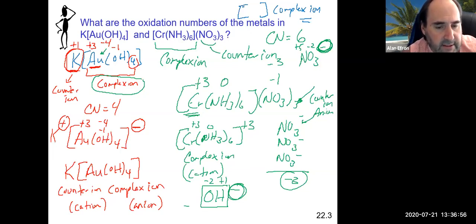The complex ion can be positive overall or negative overall, and that's where the counter ion comes into play. The counter ion is there to balance out the charge. If you have a negative complex ion, you will have a positive counter ion, and vice versa.